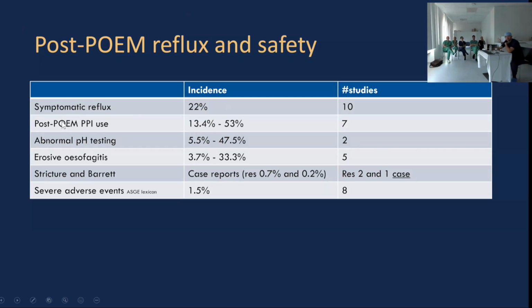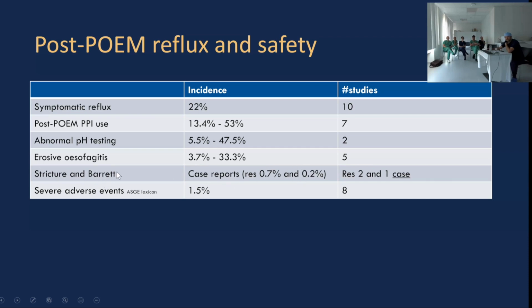So when you talk about reflux, how many are using PPI after POEM? Quite a lot of them. How many are getting abnormal pH testing? Quite a lot of them. Erosive esophagitis: in my experience, erosive esophagitis is much less common than this. I mean, it's not 33%, it's maybe 3 to 5%. Stricture and Barrett's, very much less common.